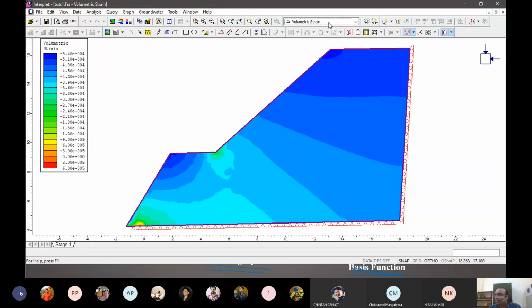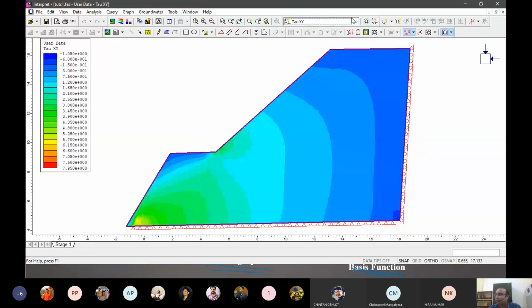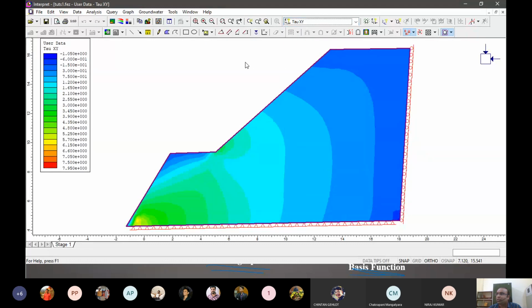Strains and stresses are what we require right now, and that's all it gives based on its calculations, right?